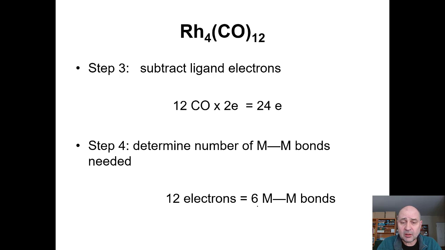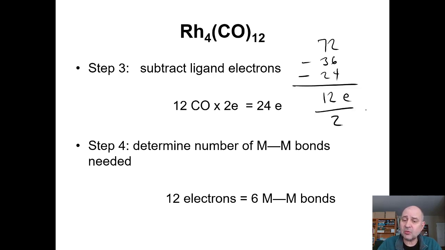And when you subtract all of that, you have 72 electrons needed. We had 36 from rhodium, and then we're also subtracting 24, so that's 60 total. So 72 minus 60 gives me 12 electrons. Those are the missing 12 electrons, and so we need to get 12 electrons from metal-metal bonds. If I simply divide that number by 2, I end up with 6 metal-metal bonds.